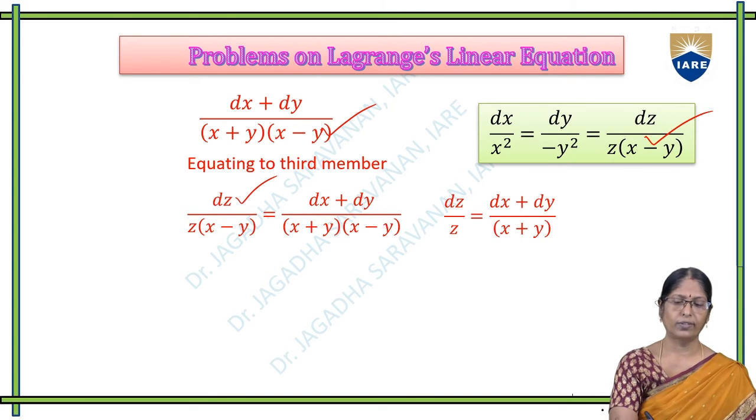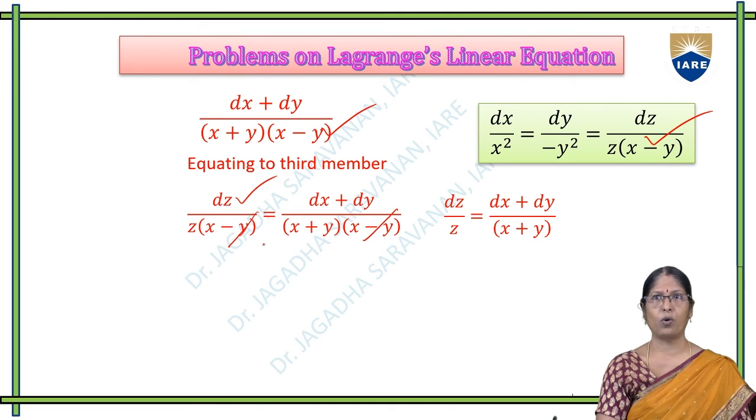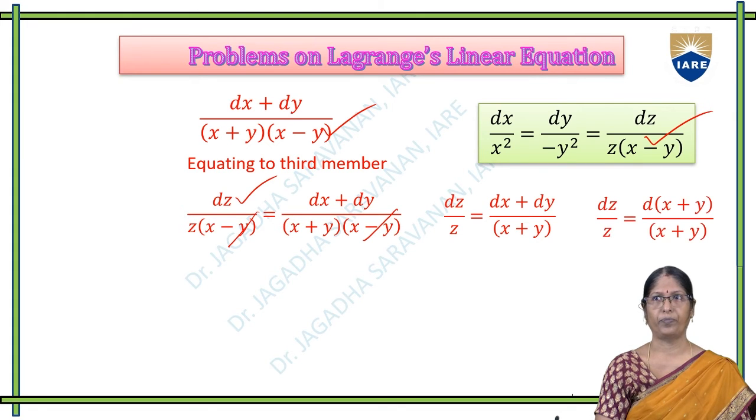Now we are noticing left and right, this term is common, getting cancelled. After cancellation, the left side is dz/z, whereas on the right side, (dx + dy)/(x + y). So dx + dy can be written as d(x + y).